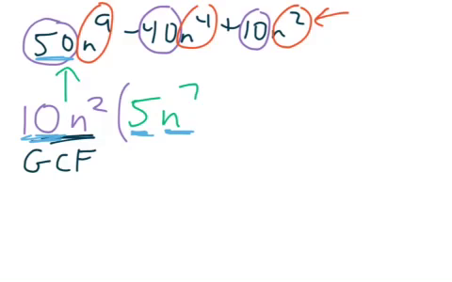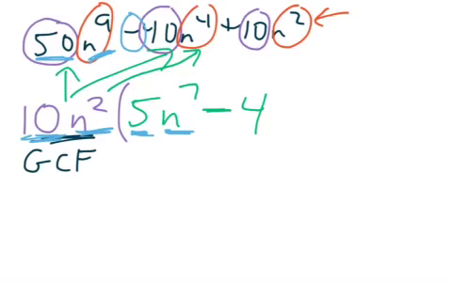And I know n to the 7th times n squared is n to the 9th. So that's why it's 5n to the 7th. Notice the minus right there, so I already know I need a minus. And then 10 goes into 40 4 times. n squared goes into n to the 4th n squared times.